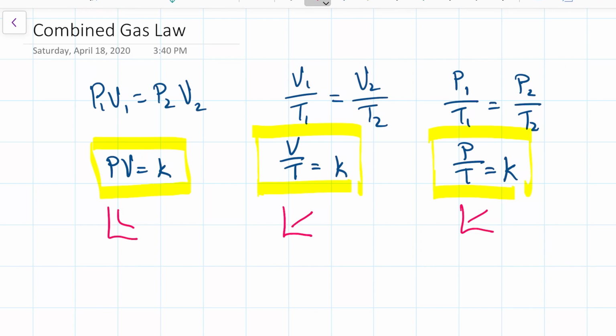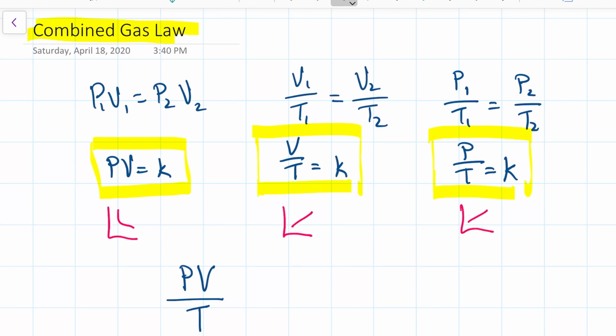Well, I'm so glad you asked, because that law is called the combined gas law. And we don't need to be very smart to take these 3 laws and combine them into one. Why? Because we know that the relationship between P and V is an inverse. The relationship between V and T is direct.